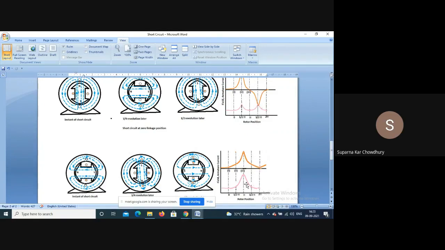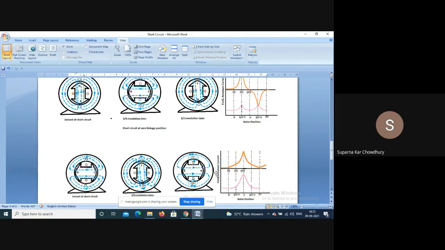So what happens to the field? Similarly, the field will also try to keep the rotor flux linkages constant. So in this position, as current is flowing, the field current will slightly increase. But in this position, the field created by the armature and the field created by the field winding are just reverse.